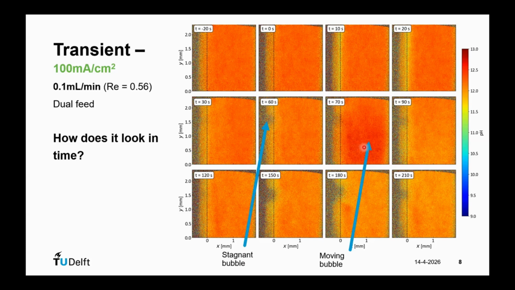Here, a bubble was moving through the whole channel, so it eliminated the profile and we see something darker. But at the end, there was no longer a boundary layer or a very localized change in the gradient, but rather the pH changing in the bulk as well. So the last images are more yellowish than the first ones, which are more orange.